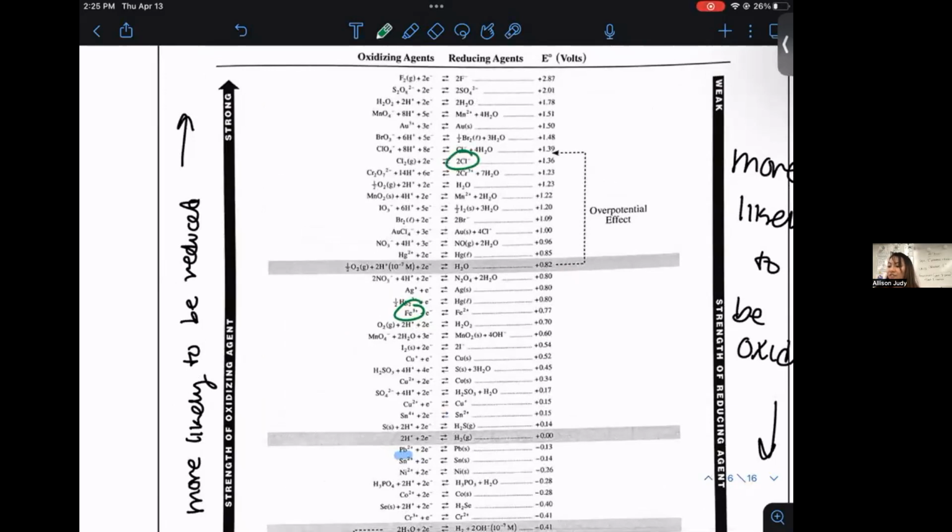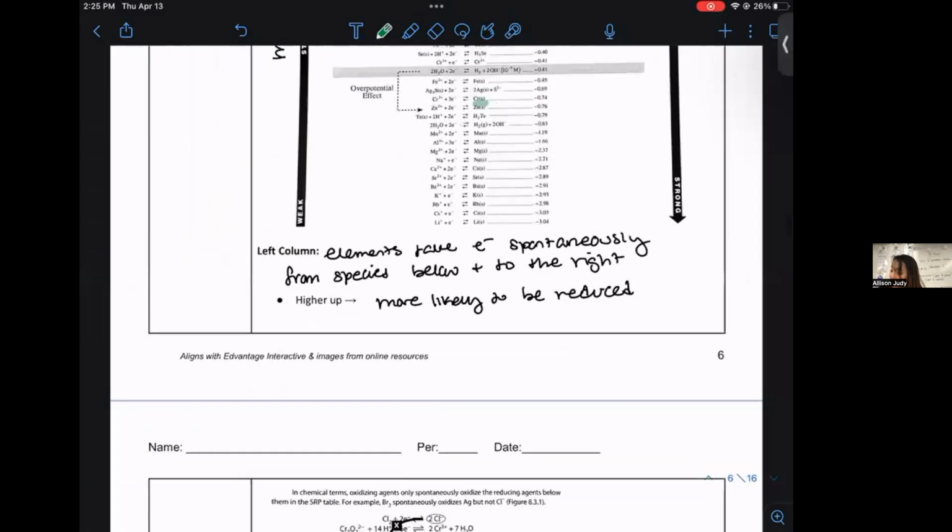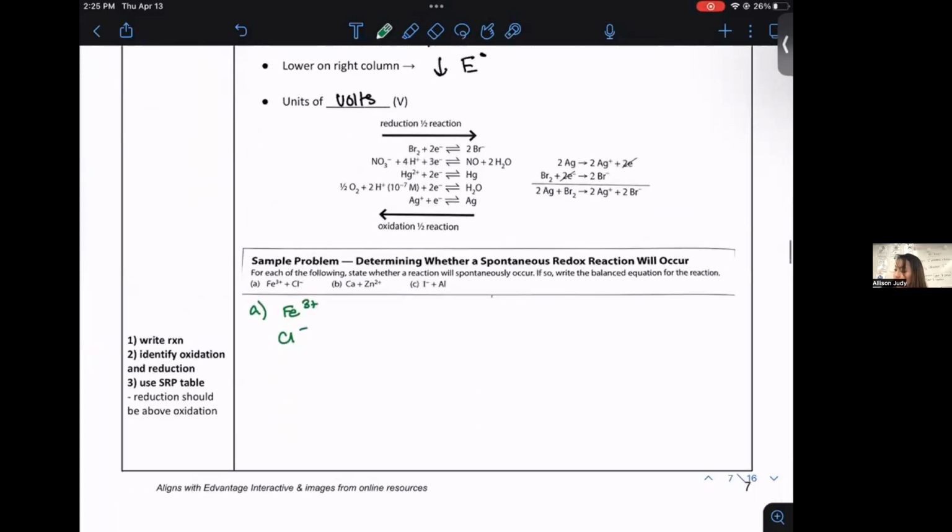So chlorine minus is preferred to be oxidized, and iron is preferred to be reduced. But here's the problem: the chlorine is higher than the iron. The oxidation is higher in the table than the reduction. So iron would be reduced and chlorine would be oxidized, but this is not a spontaneous process. It would have to be forced.